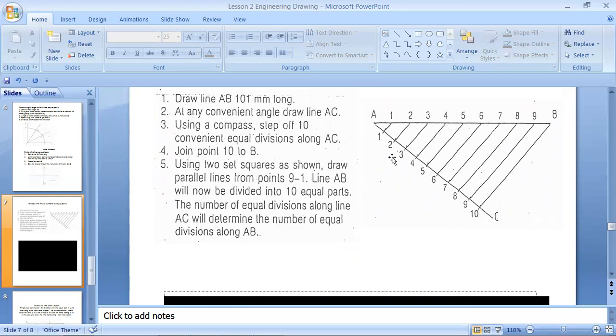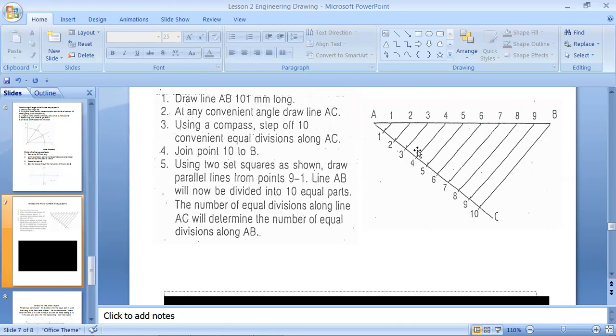It can never be a right angle and never greater than 90. Never obtuse. It has to be acute, and the size doesn't matter. The important thing is to be an acute angle, less than 90.